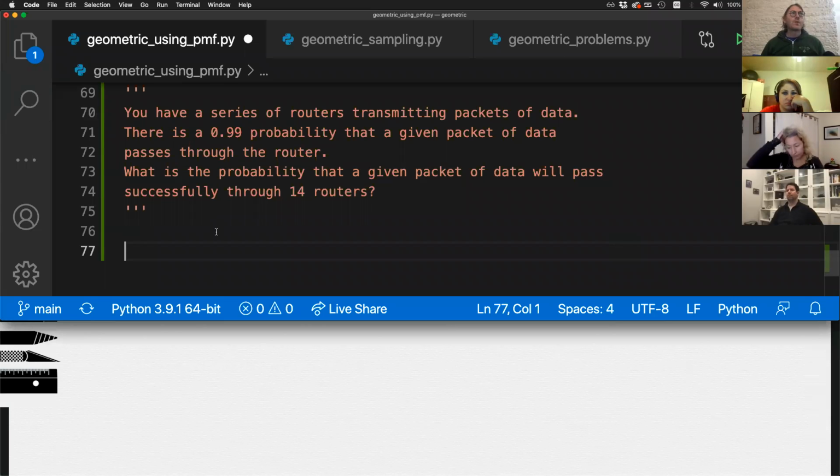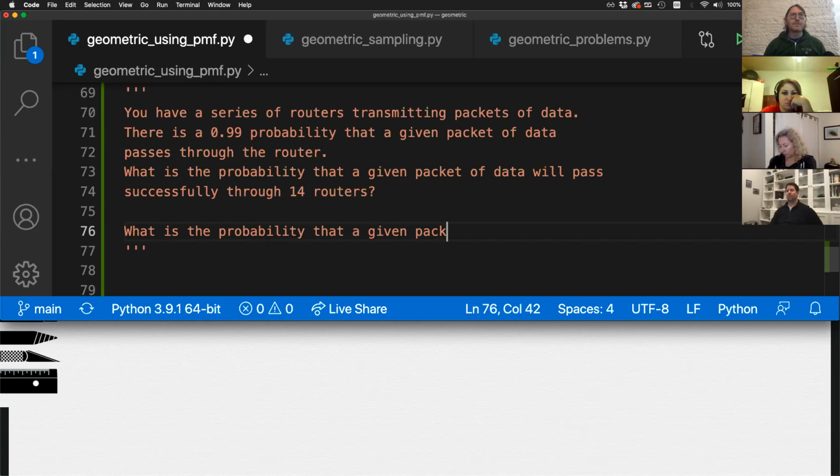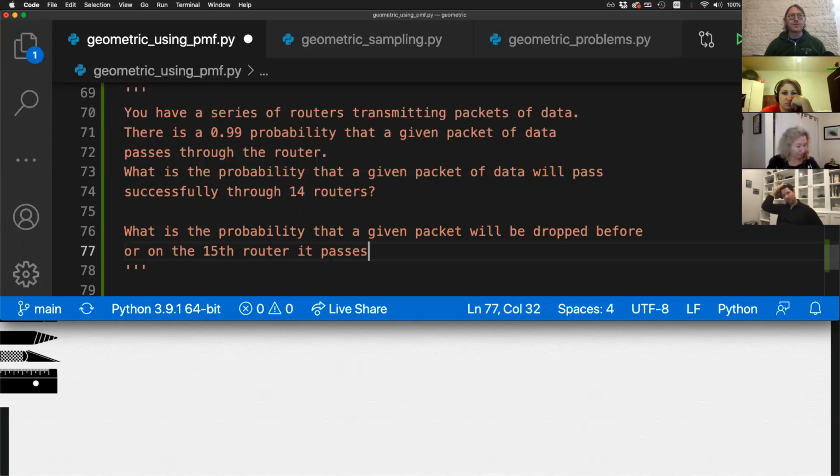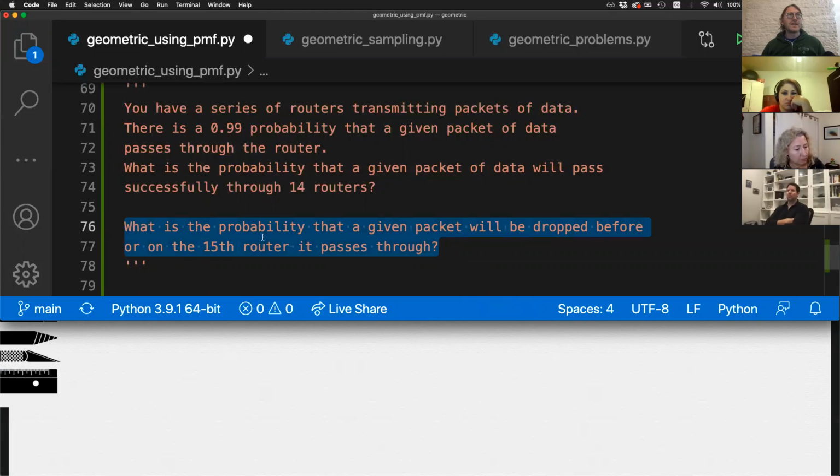Now, what if I were to change this question and ask, what is the probability that a given packet will fail, will be dropped, let's say, before or on the 15th router it passes through, right? So this is clearly an accumulator problem.